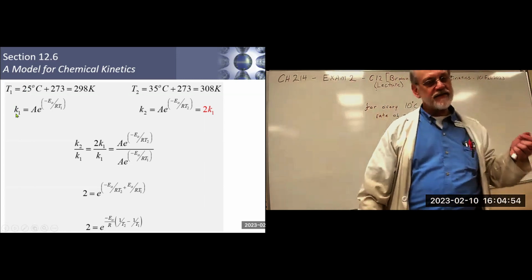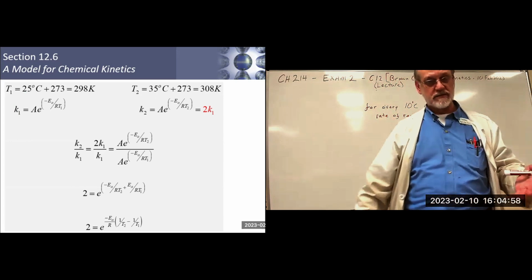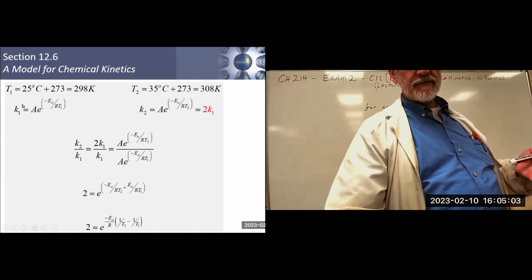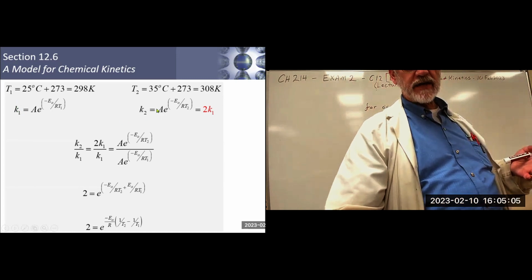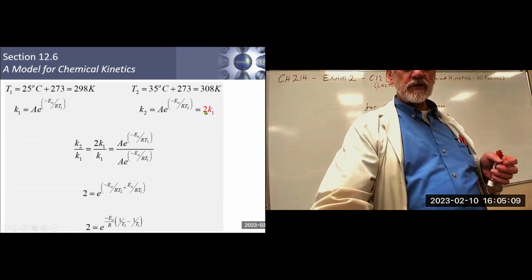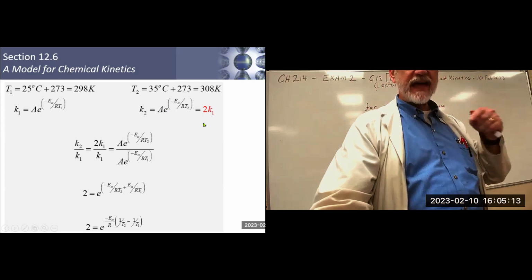And if we're going to say that the rate doubles, then the k has to double also. So this is the k for the lower temperature. This is the k for the higher temperature. And the second k is equal to 2 times the first k. If the rate's going to double, then the k has to double.